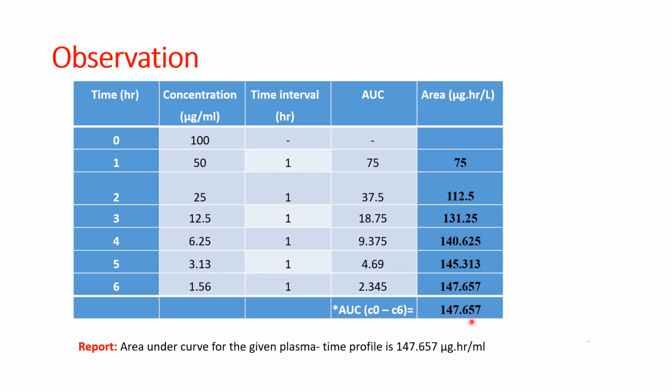So the area under the curve of the given plasma time profile is 147.657 microgram per hour per ml. So this is all about the experiment. Thank you.